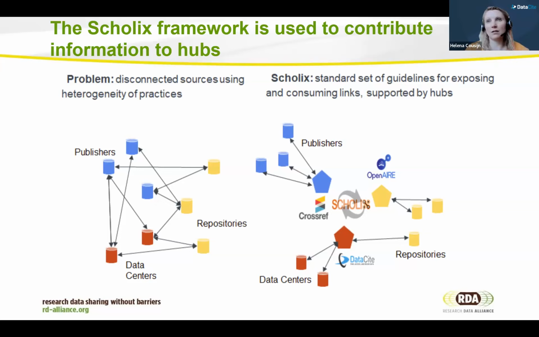So for example, when a data set is cited in an article. And then for data centers and repositories that are registering DOIs with DataCite, they can also include this information in the metadata. So when they know that a specific data set underlies an article, they can include that in the metadata. And also organizations with OpenAir can directly contribute this information to OpenAir. And then we all make that available in the same way so that all that information is aggregated and available to the community.